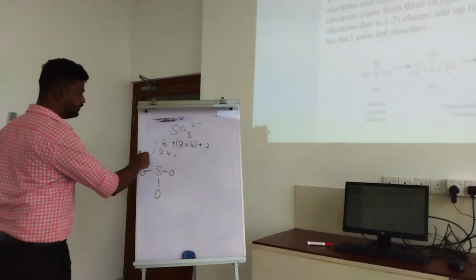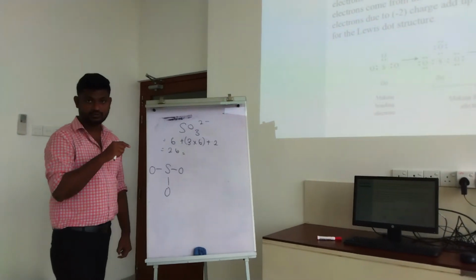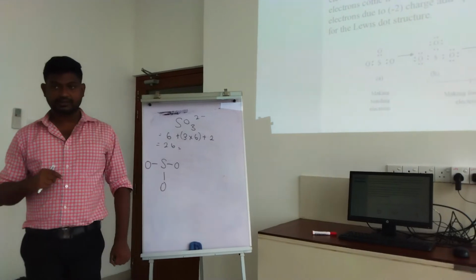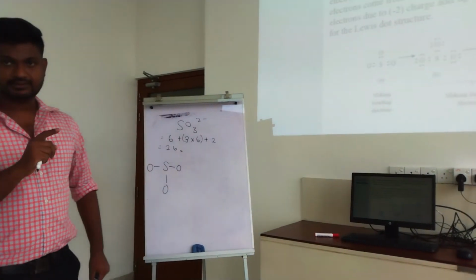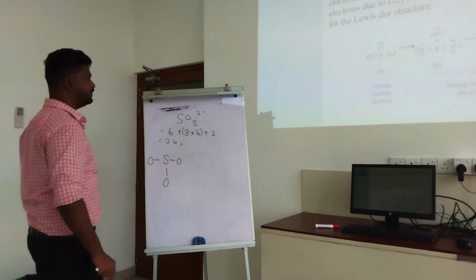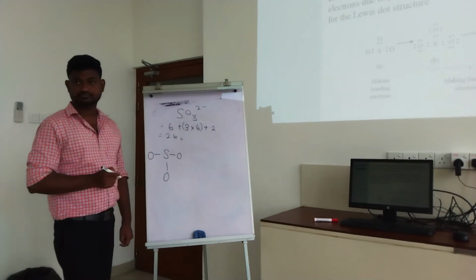There will be 20 more electrons. Which one is the most electronegative atom here? Oxygen. So we place the electrons on the oxygen atoms. How many electrons? 20.